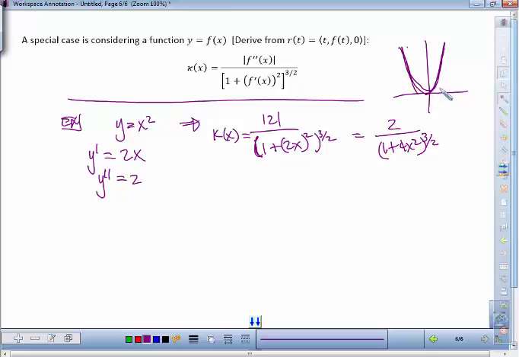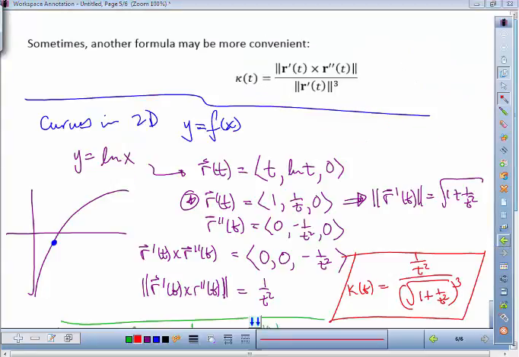Okay. Now there's something else really kind of interesting about this that I want to tell you about. This curvature is tied in with this thing called a tangent circle. Let's go back to my first drawing.